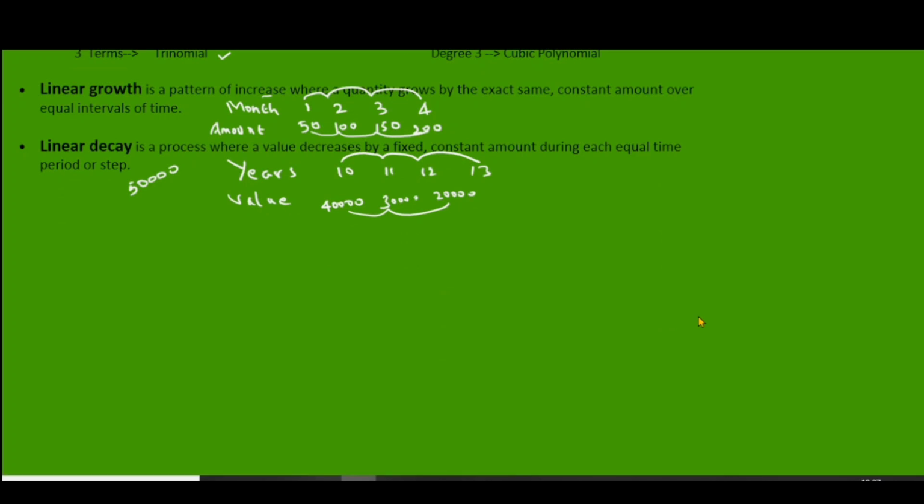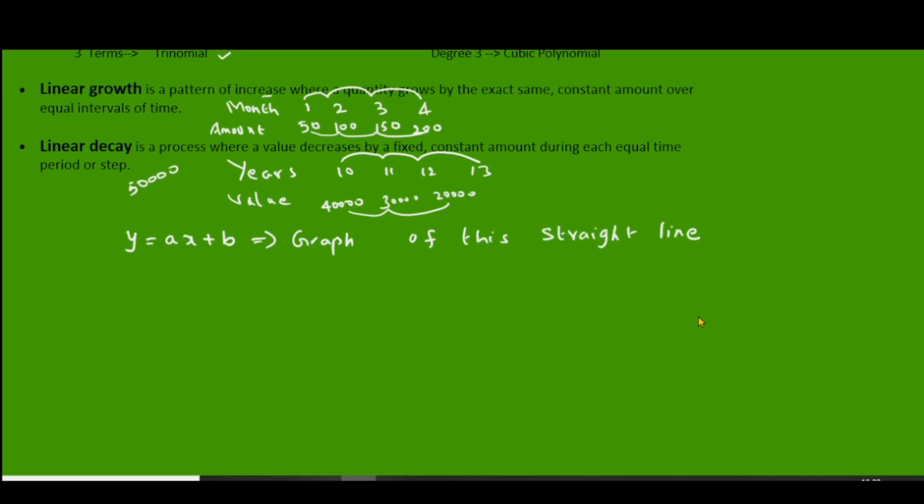In general, we can write this linear pattern as y is equal to ax plus b. This is the linear pattern. If we get some values for a and b, and replace x and y values, we can get coordinate points. If you plot the points, we get a straight line. So the graph of this pattern is a straight line.